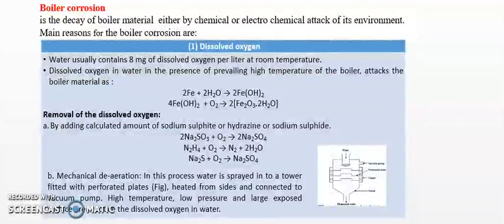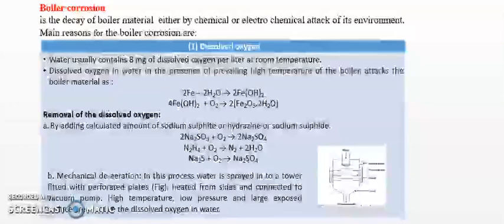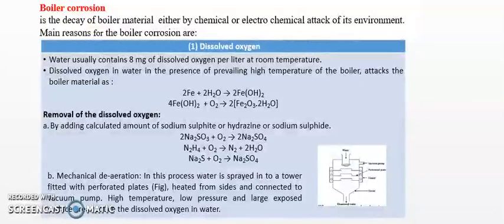On the other hand, if sodium sulfite or sodium sulfide is used, the sodium sulfate so formed is liable to decompose, giving sulfur dioxide, particularly in high pressure boilers. Now, the second method of removal of dissolved oxygen is mechanical deaeration.